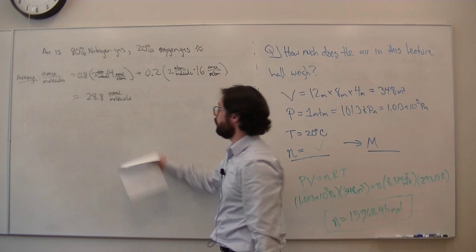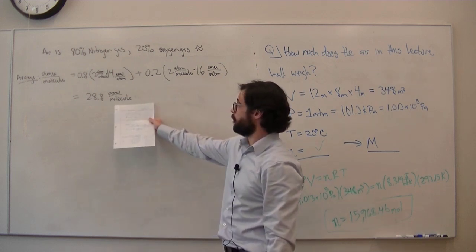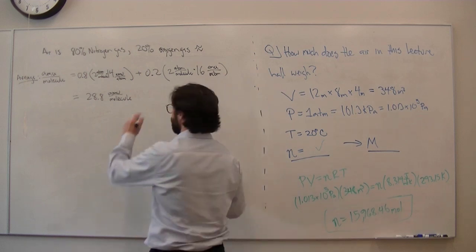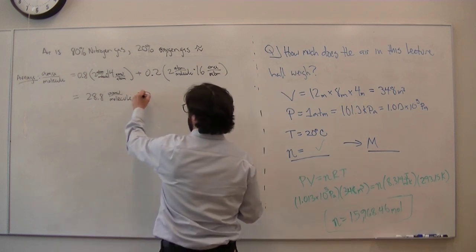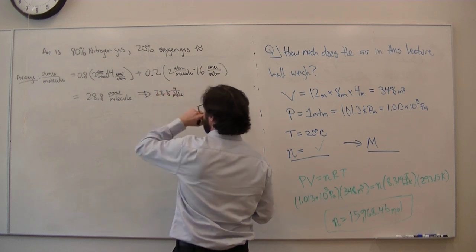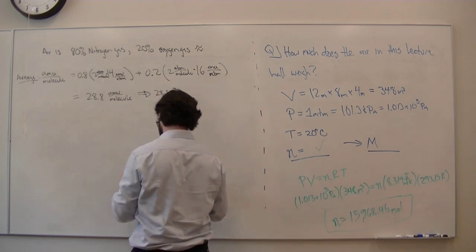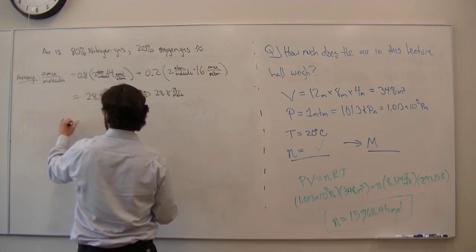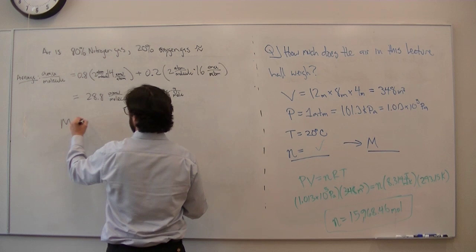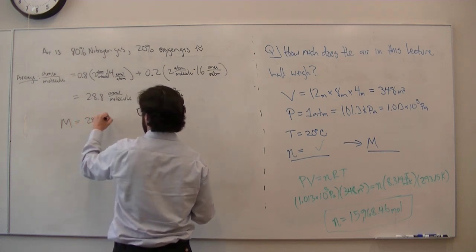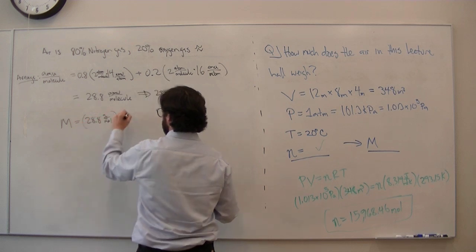Okay, this is just the number of grams per mole. So this is straight up 28.8 grams in every mole of air. And that's a pretty good number for air. It's going to be in slightly the wrong units. So this 28.8 grams per mole, we multiply it by our crazy big number of moles.